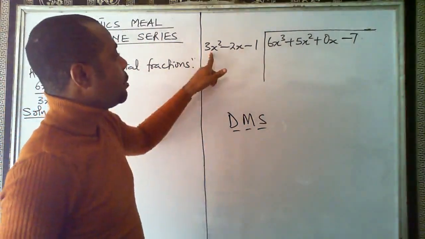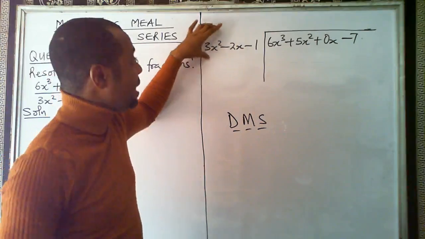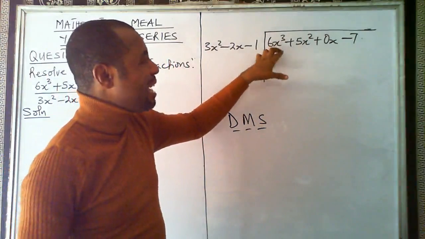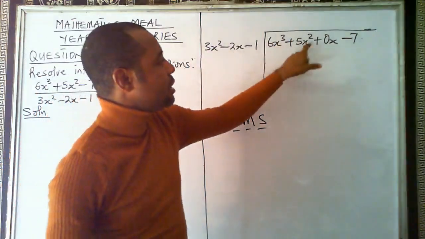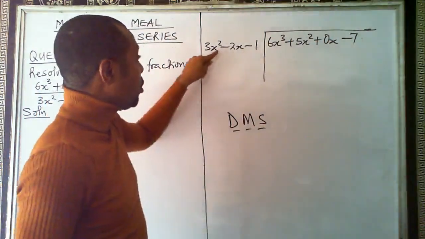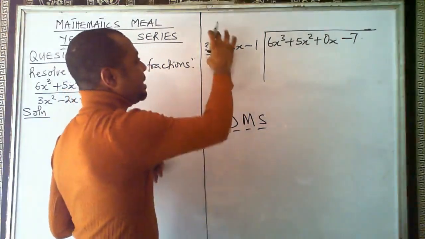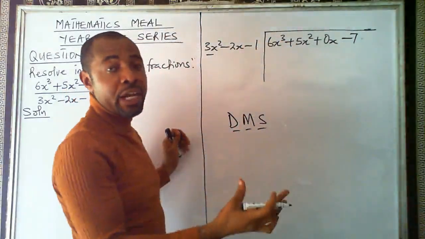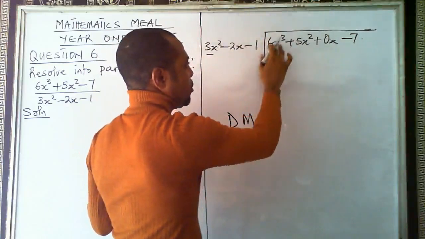Now, in the division, it is the term with the highest power in the divisor that we use to divide the term with the highest power in the dividend. It's not like we divide every term by every term. No, that's not it. The term with the highest power in the divisor goes to the dividend, looks for the term with the highest power, and divides only that.